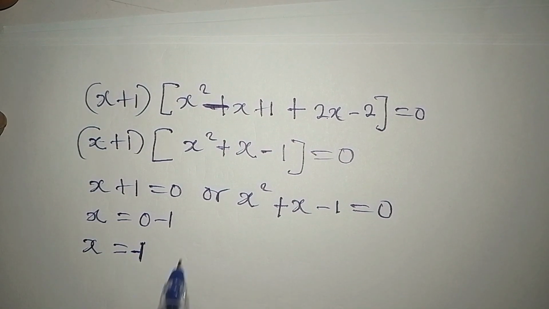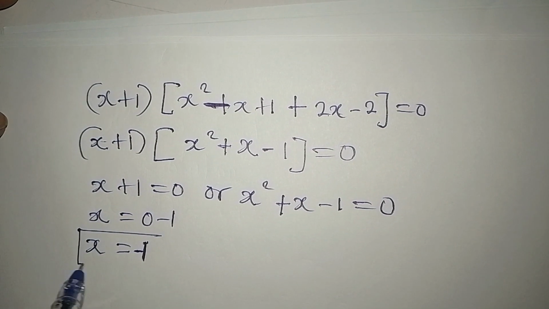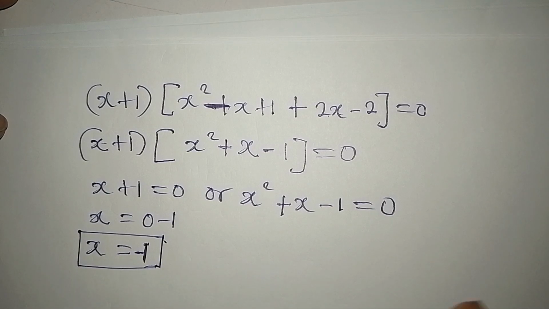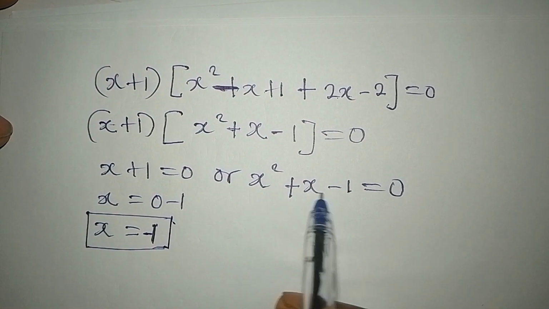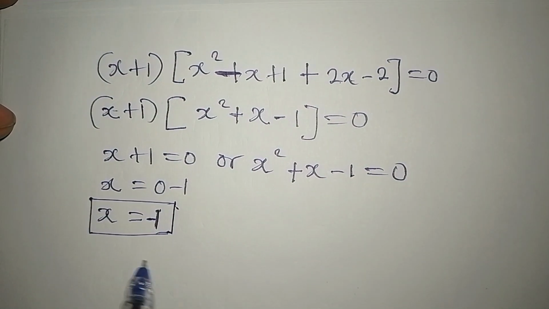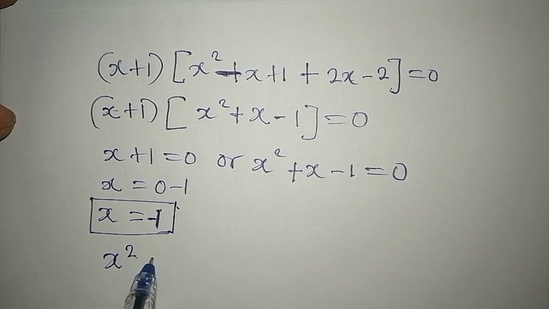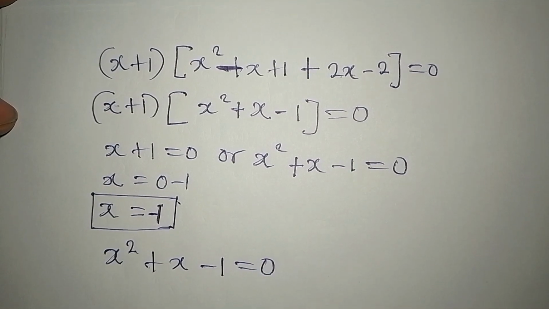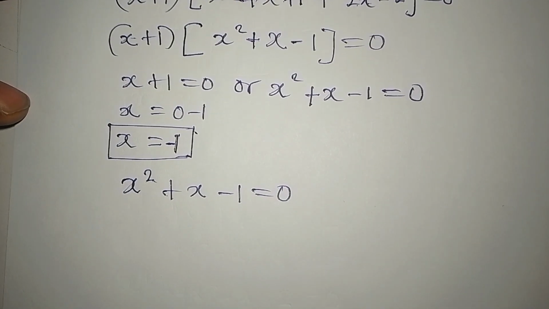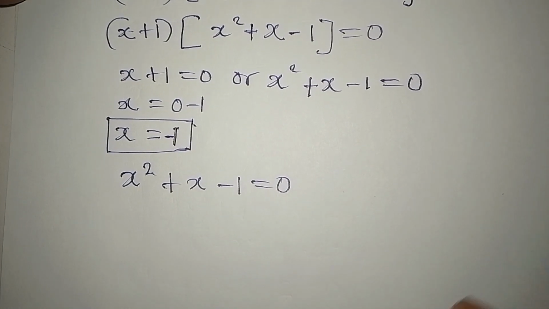Okay, so from here we have another solution to the equation. We have got two solutions already. To get the other, we work with this quadratic equation, and that is x squared plus x minus 1 equals 0.